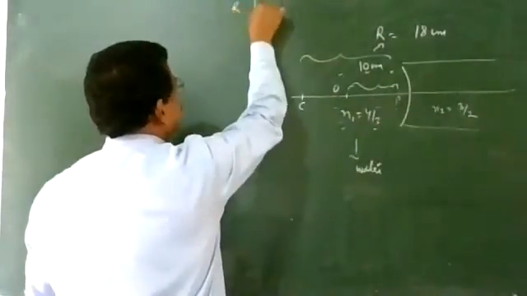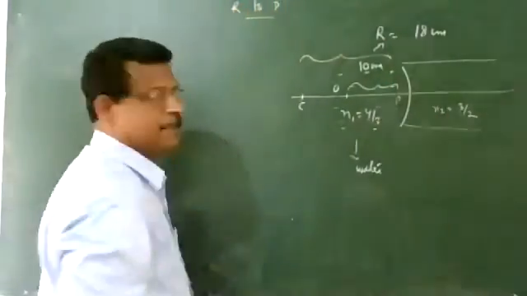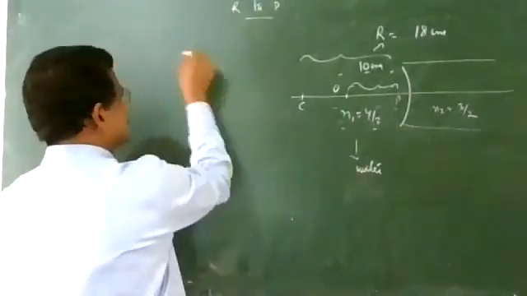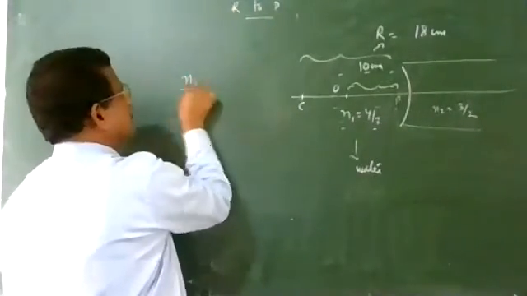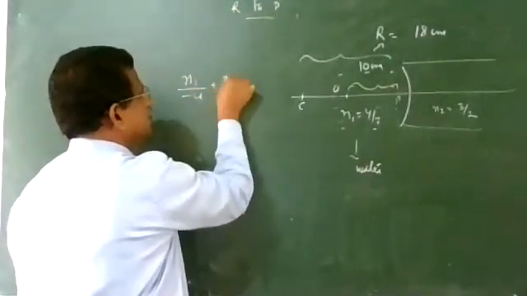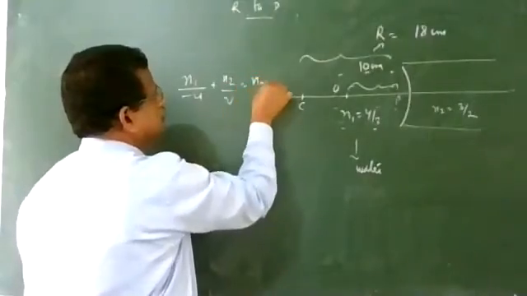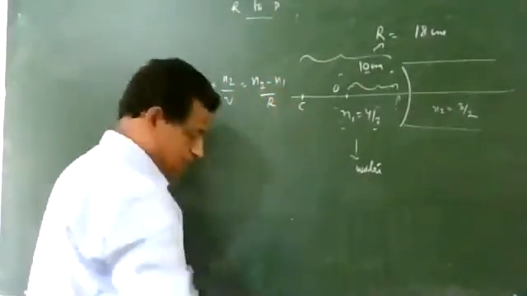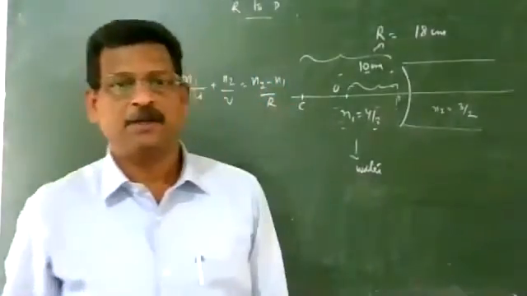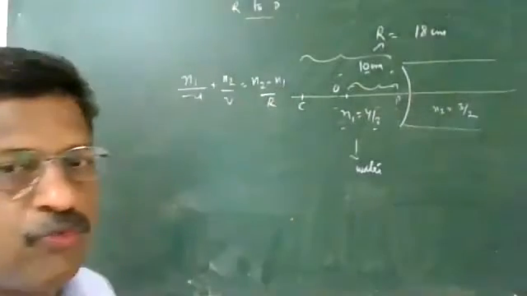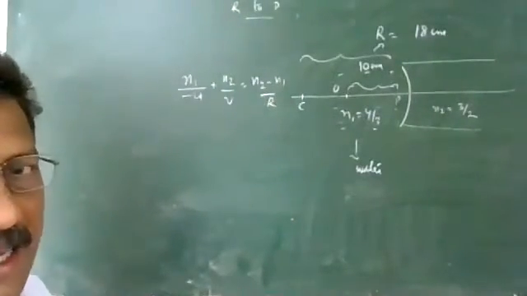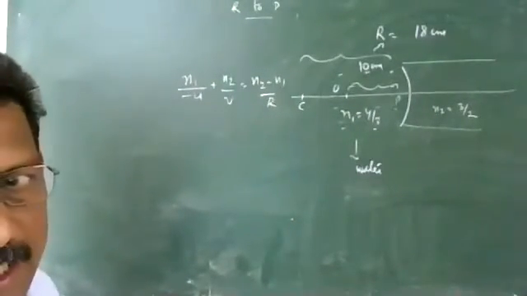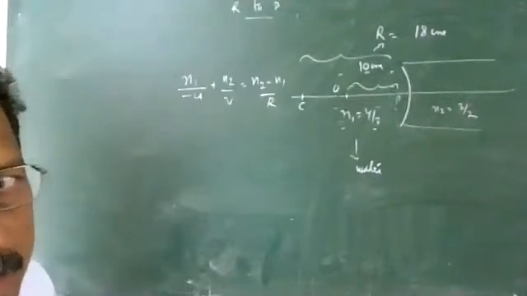Equation is N1 upon minus U plus N2 by V is equal to N2 minus N1 divided by R. Here you have to tell me what are the values of U, R, etc. N1 is 4 by 3, N2 is 3 by 2. What is the value of U?